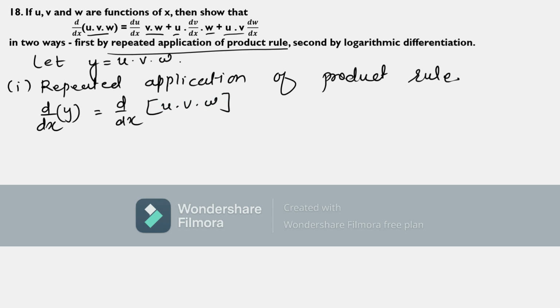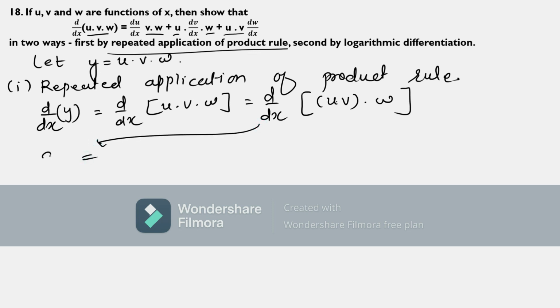I have only one rule, the product rule. u into v into w can be written as u into v separately and w separately. So dy by dx is equal to, here my first quantity is u into v and my second quantity is w.